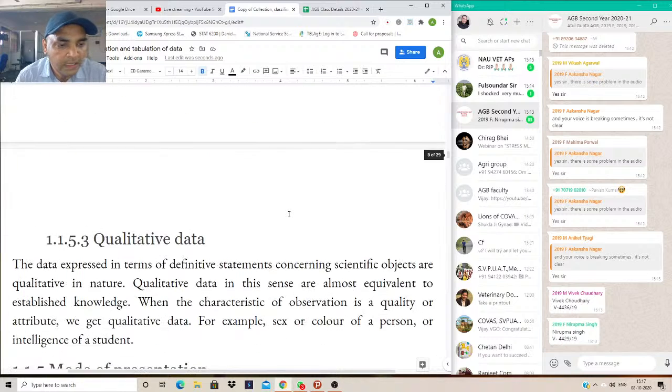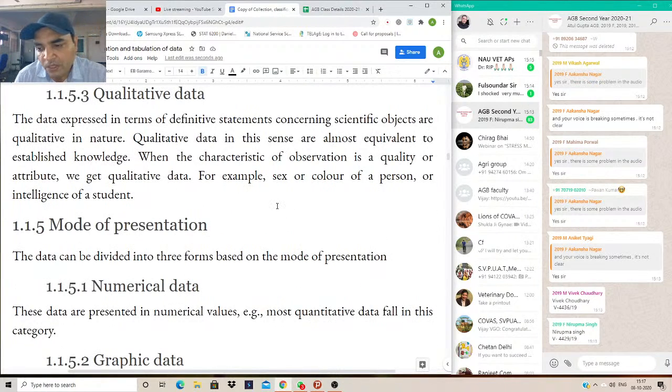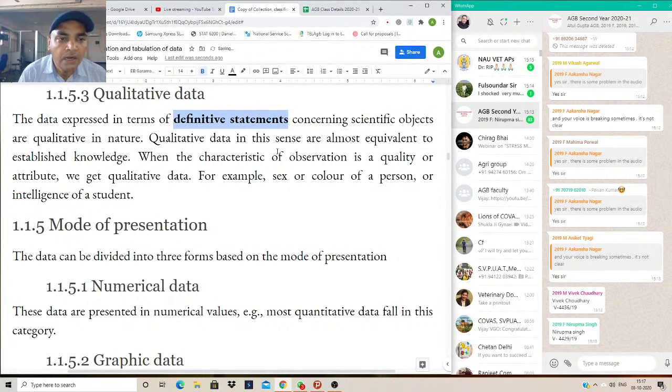Then comes qualitative data. Qualitative data are expressed in terms of definitive statements. That is, they do not take continuous numerical values, and they are qualitative in nature. They establish some characteristic of observation like quality or some attribute.